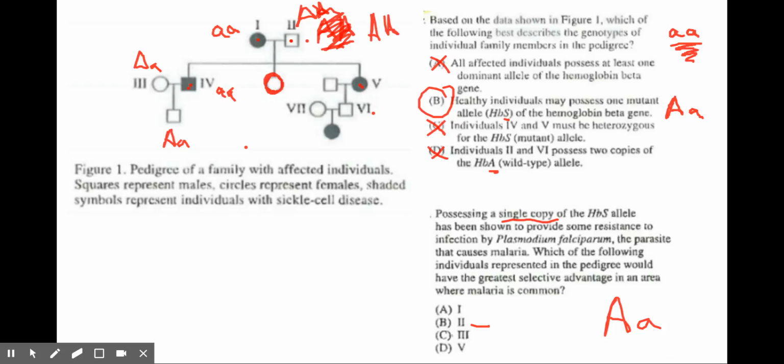So 3 isn't absolutely wrong, but right now 2 is better. Okay. And then 5, it has it, so it's not this. And that makes B our best answer, even though C isn't necessarily wrong either. So, all right, that's pedigrees and how they're applied on AP types of questions.